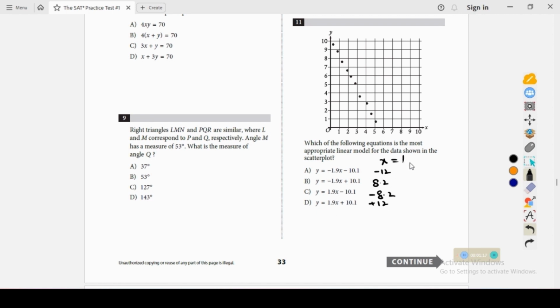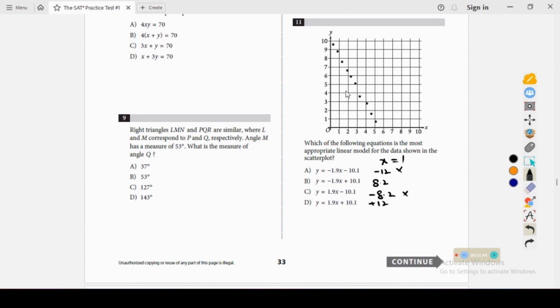of y. Since for the value of x as 1, which value is the most appropriate and is closest to the value of x? Let's see. Minus 12. Since the values of y are all positive, minus 12 is not the right answer. Also, minus 8.2 is not the right answer. So we have two values left, 8.2 and 12.